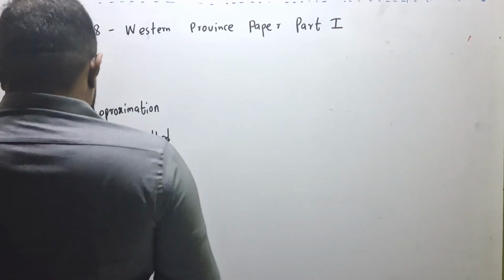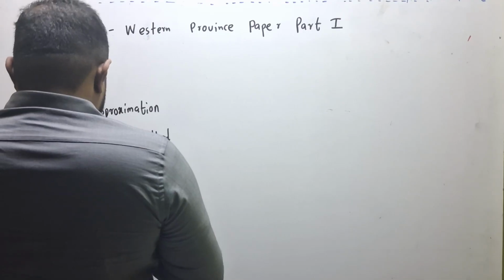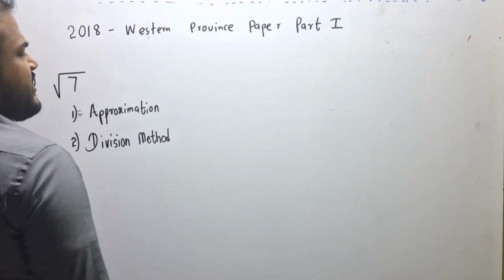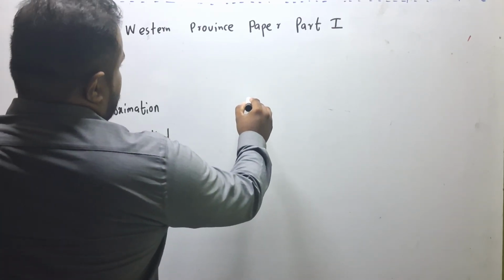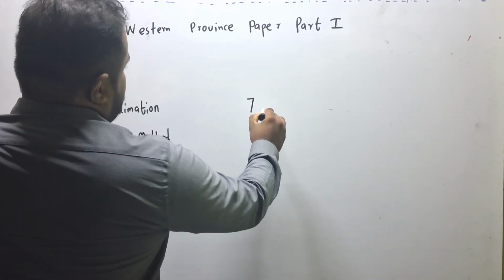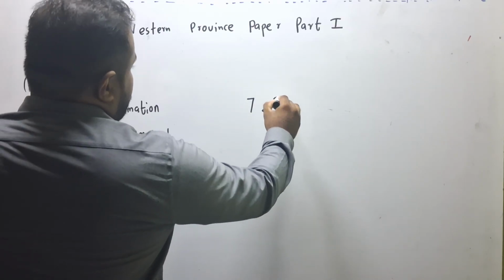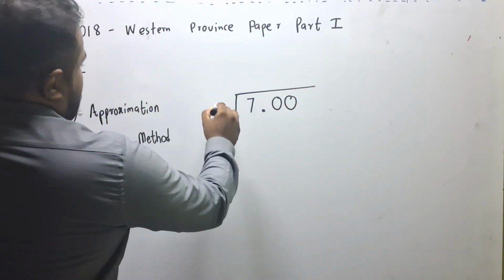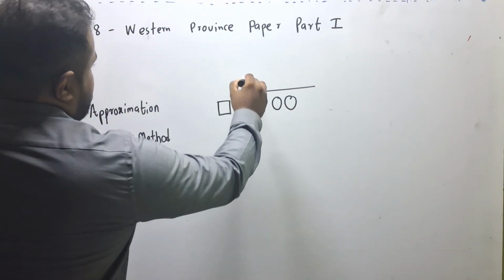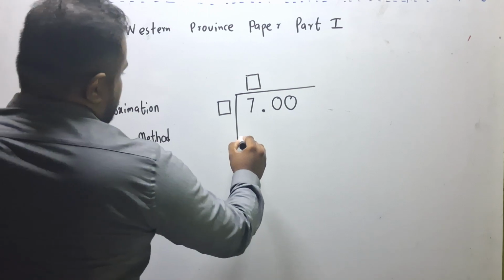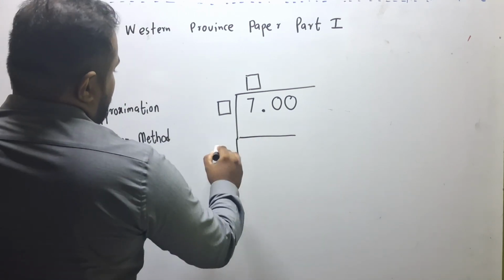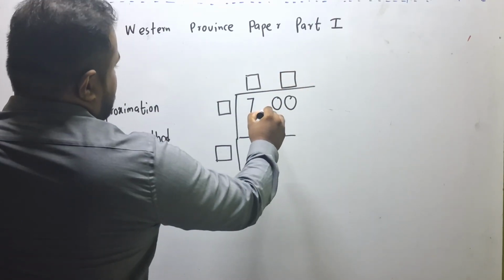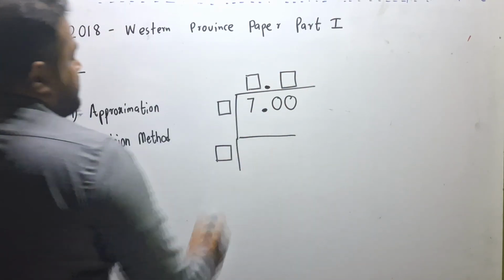How to use the division method? Are they asking for the value to 2 decimal places? No, they are just asking for the value to 1 decimal place. So what we have to do is write 7, put a decimal point, and put 2 zeros, and draw the division box, leave one ruler, and draw a box here, and put a decimal point over the decimal point.